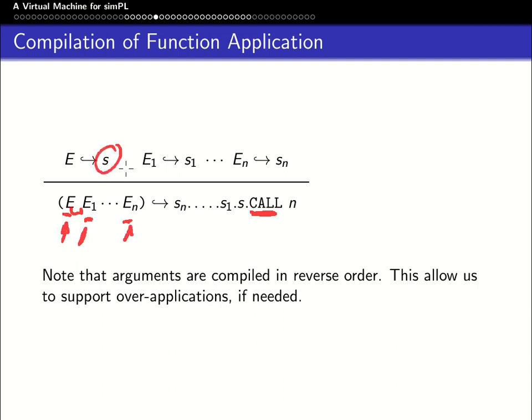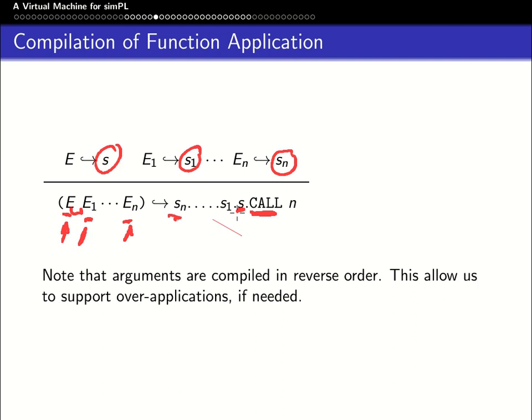So we evaluate each of these one by one as before. Each of them is a sequence of instructions. We lay these instructions importantly in reverse order. All right, that's very important. Why? Because we want the function to be at the top of the stack. If I put them in direct order, I don't know where the object representing the function is.